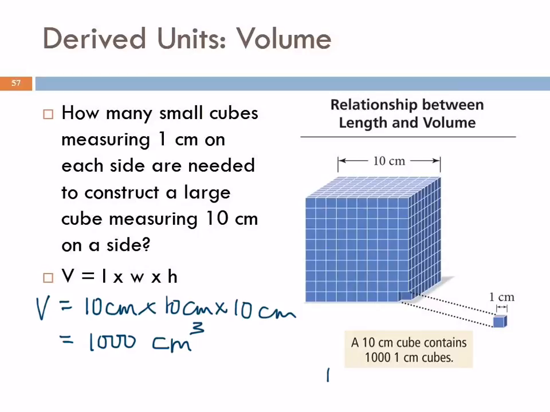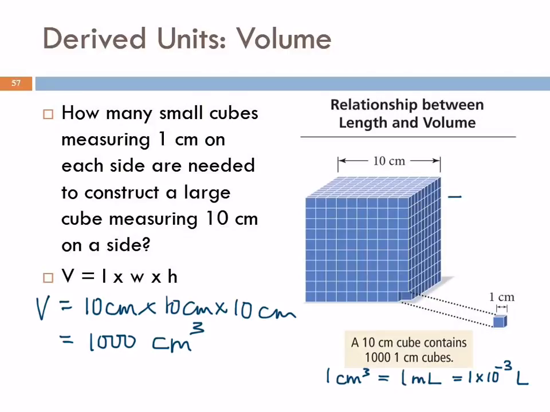One cubic centimeter has a special name. We call that a milliliter. What does the prefix milli mean? Does anybody remember? 10 to the negative 3. So 1 milliliter is 1 times 10 to the minus 3 liters. This big cube here has how many of these small ones in it? 1,000.